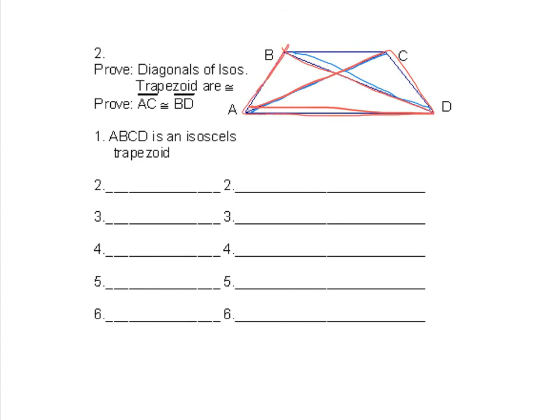Okay, I can certainly use that CD is congruent to AB, and our reason for that is going to be the definition of an isosceles trapezoid, so def isos trap. I'm certainly going to have a reflexive step in here.